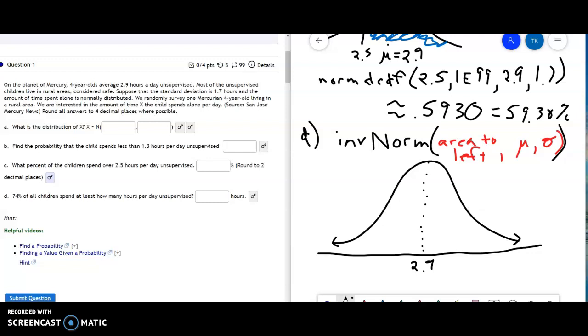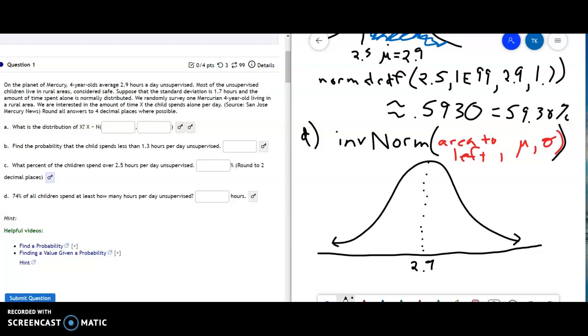And they're saying 74% of all children spend at least how many hours per day unsupervised? Okay, 74% of all children spend at least how many hours unsupervised? So in this case, they're giving you the probability of the shaded area, and you have to find the data value. So it's the opposite of what we're doing, okay?